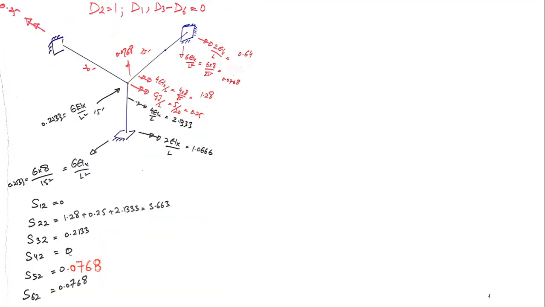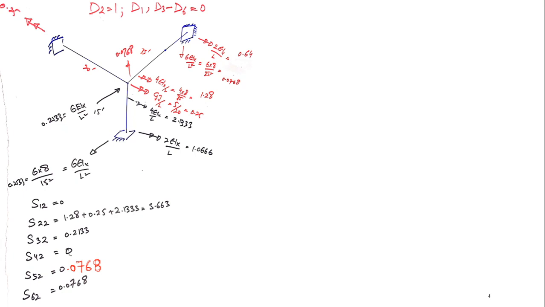I mean, there can be mistakes, but actually D6 too is 0 because this is D5. D5 is actually the vertical deflection and D6 is moment. So I have mistakenly done something.